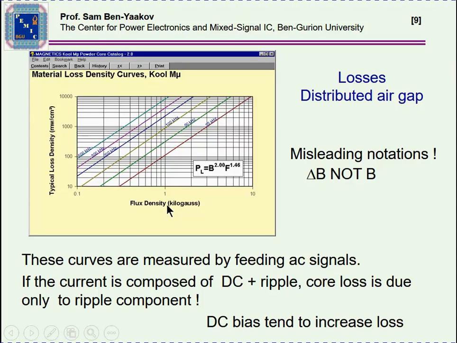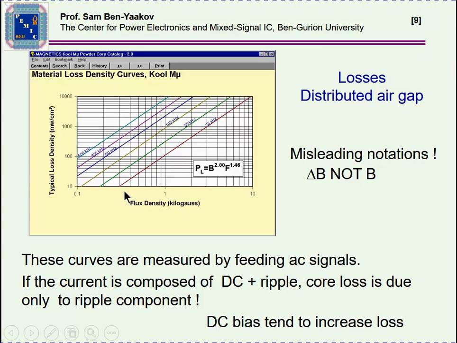That is subtracting the DC value. DC value does not affect the losses. Indeed, if you move across the hysteresis loop curve to a higher value, this curve may change a little bit. There isn't enough data about how this changes, so we use this information even if there is a bias.